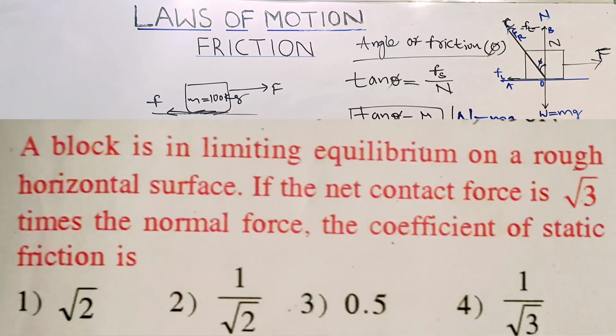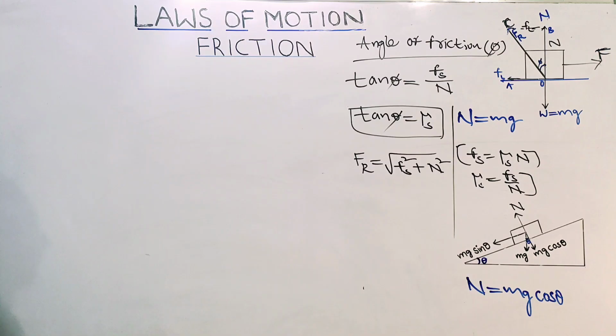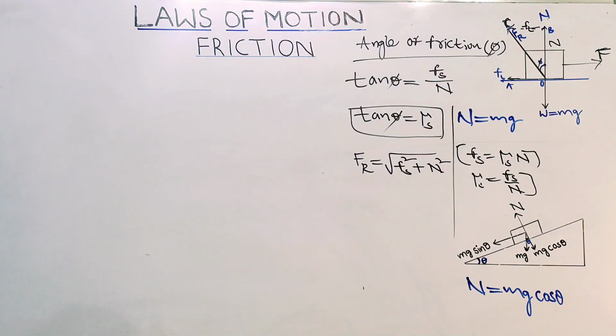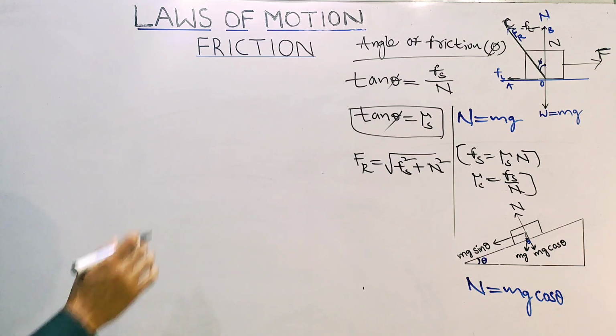A block is in limiting equilibrium on a rough horizontal surface. If the net contact force is root 3 times the normal force, the coefficient of friction is? In this case, the net resultant force is root 3 times the normal reaction.